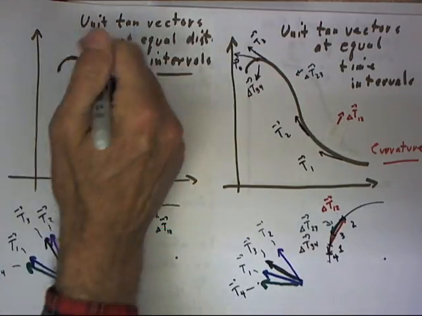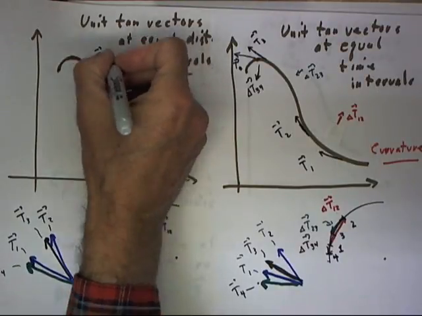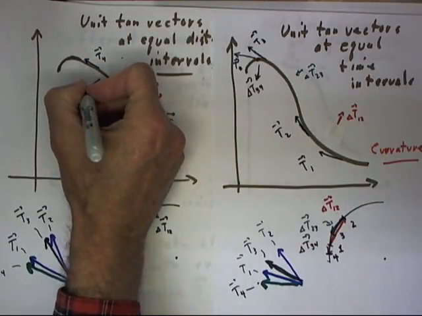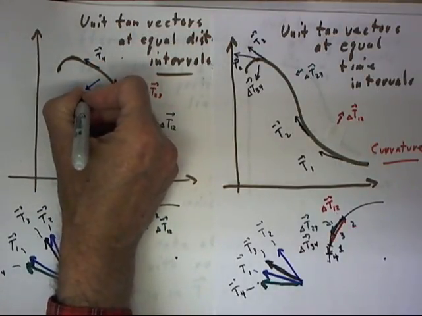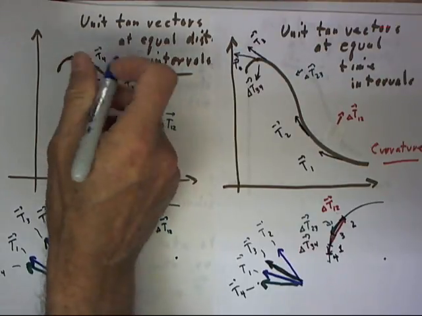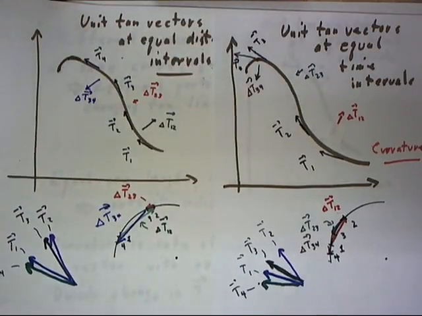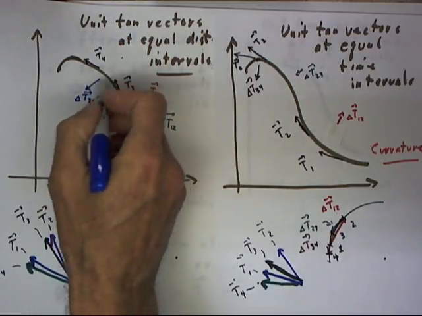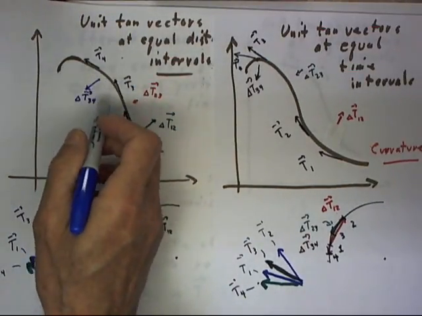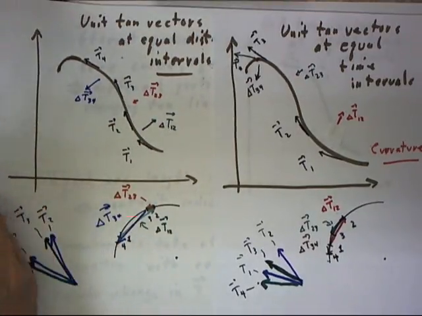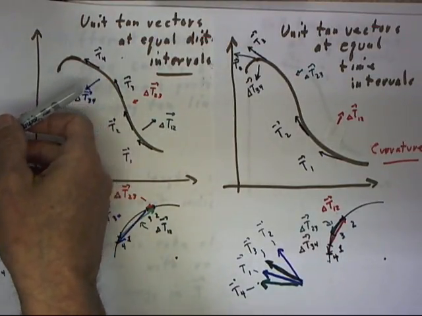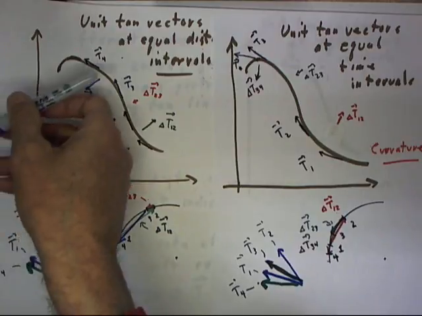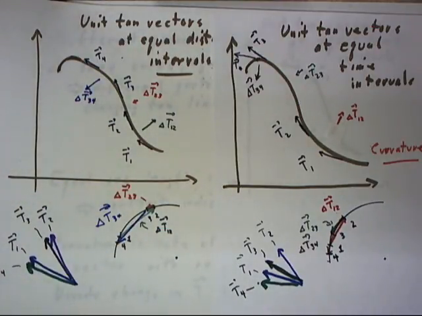And we could draw our delta T 3, 4 here. Yeah, let's draw it on this side. Now I drew it on this side just to keep it separate from some of the other writing, but I did actually draw it on the side that you would look at if you were looking toward the inside of the curve.